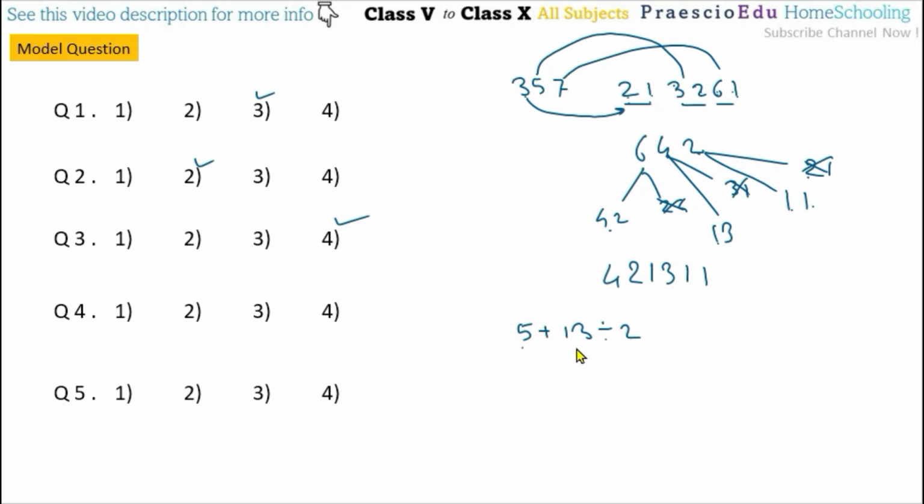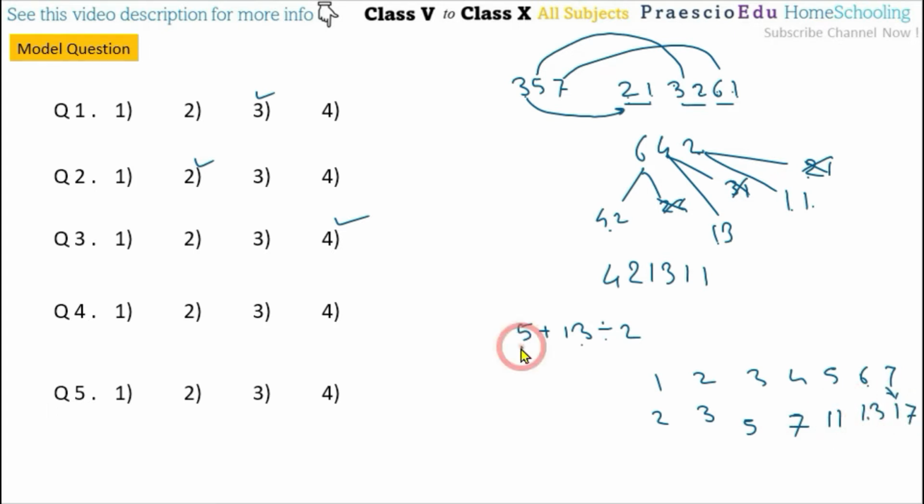The first prime number is 2, then the second is 3, then 5, 7, 11, 13, and 17.